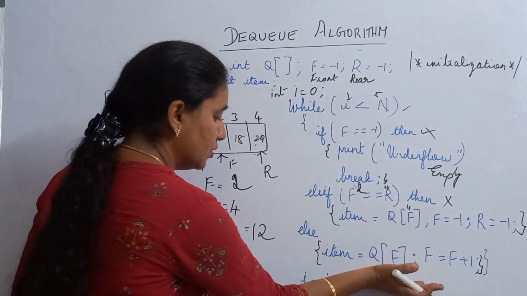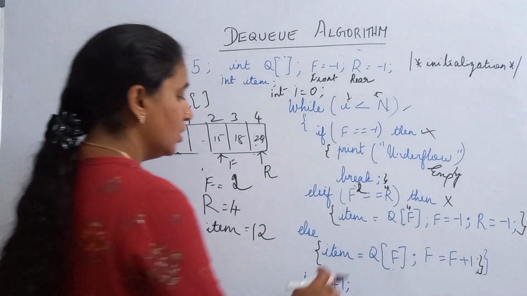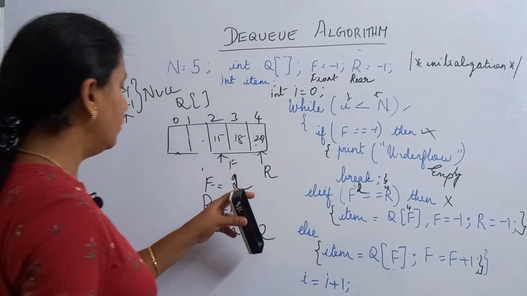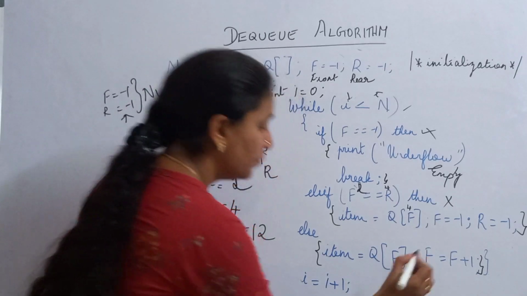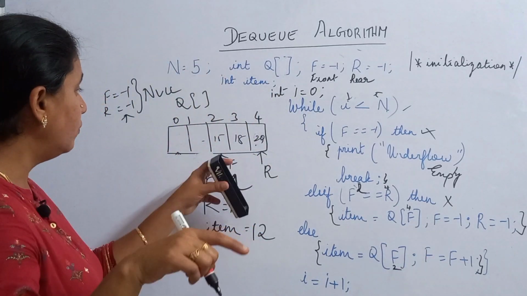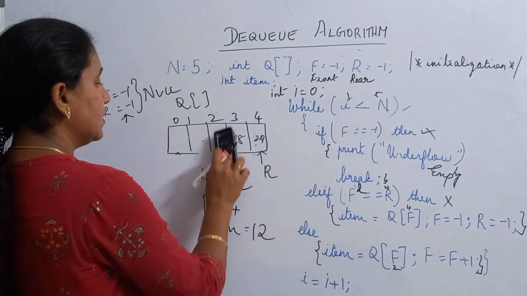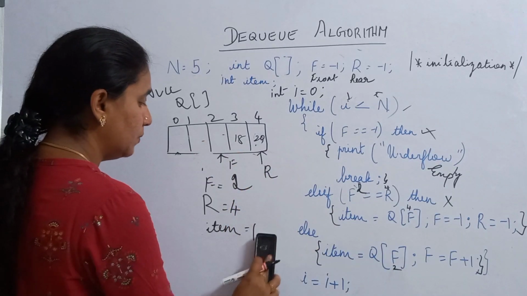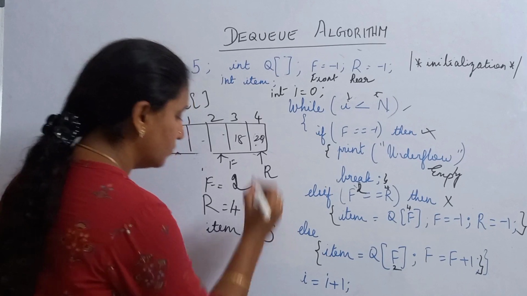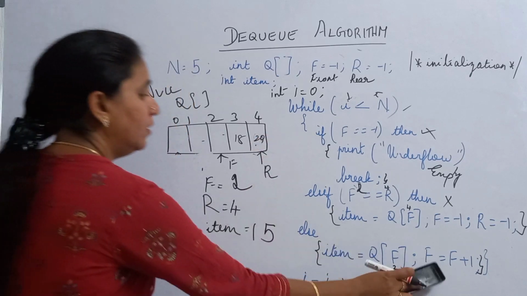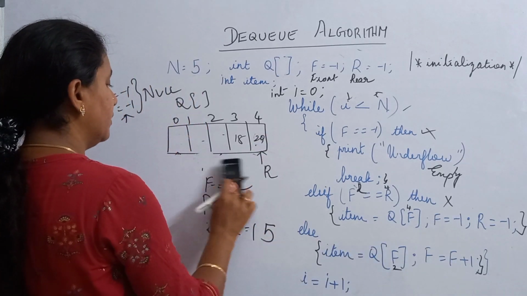So again it will execute this statement. Item is equal to q of f. So what is f value? F value is q of 2. So it is going to remove the element present in q of 2, which is nothing but 15. So 15 is removed, and once again we are incrementing the front pointer.